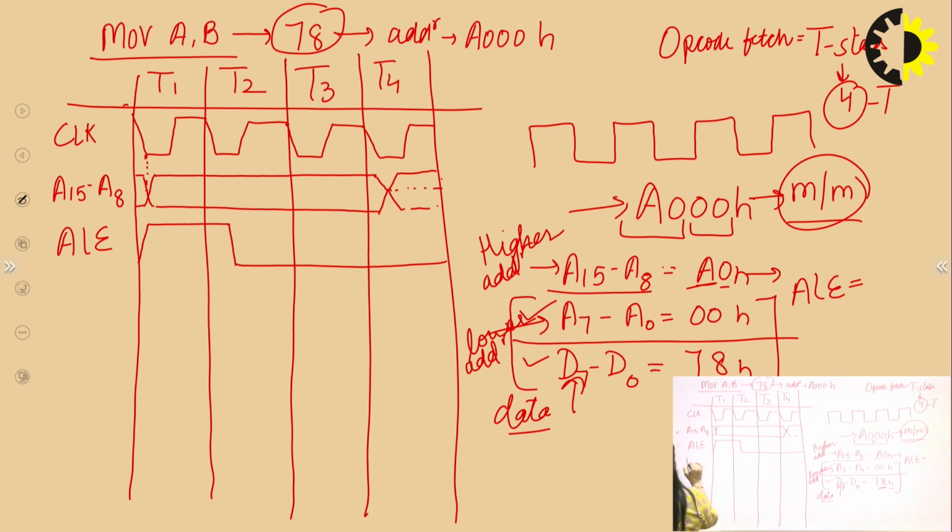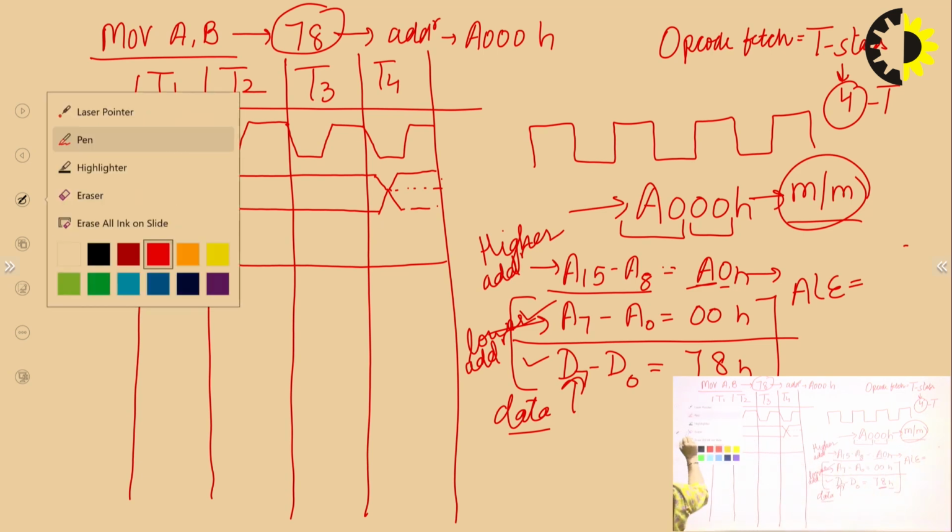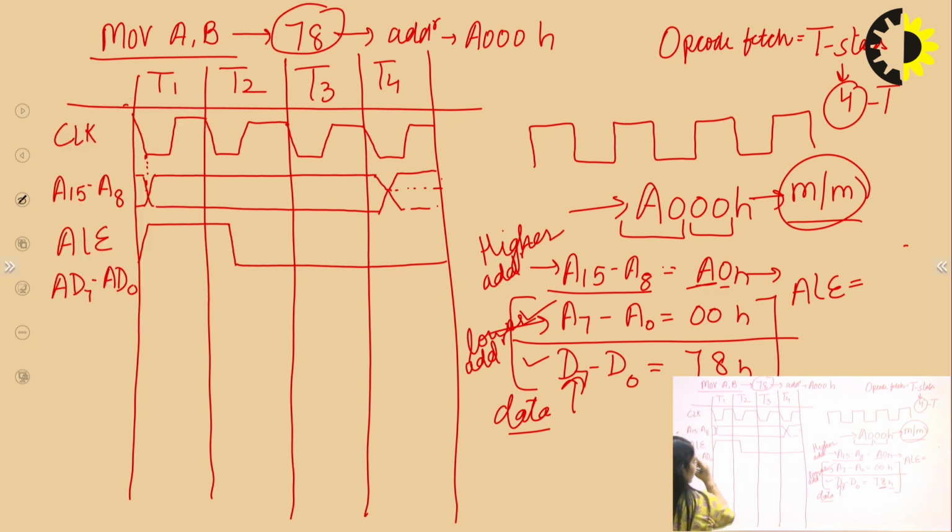For the lower address, AD7 to AD0, 8-bit data is there, that is 00. Similarly, there is a slight delay for a positive and negative pulse. To transfer the lower order address, approximately 1 T state is required. That's it.